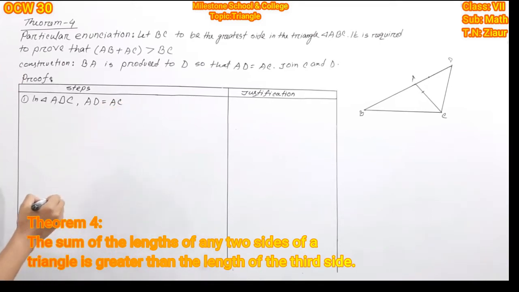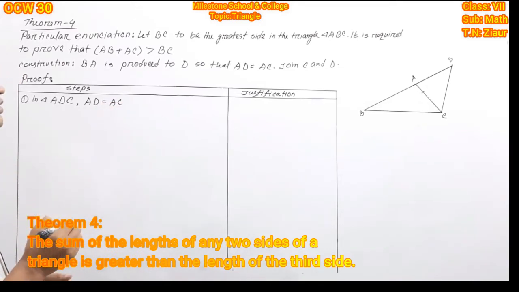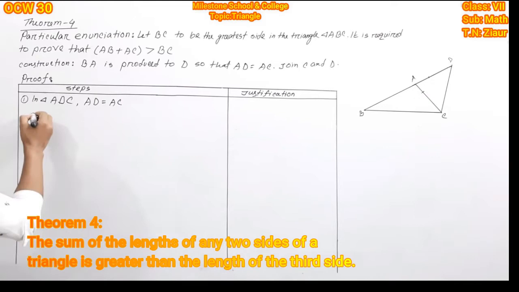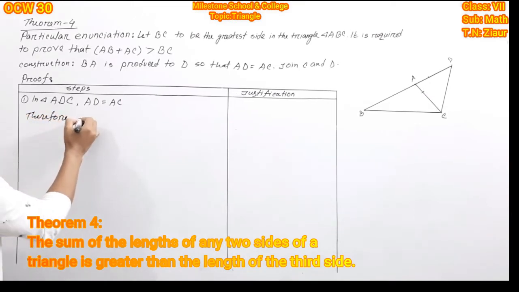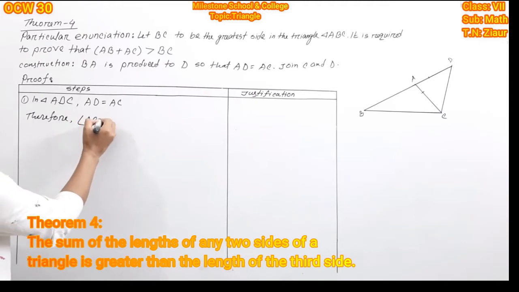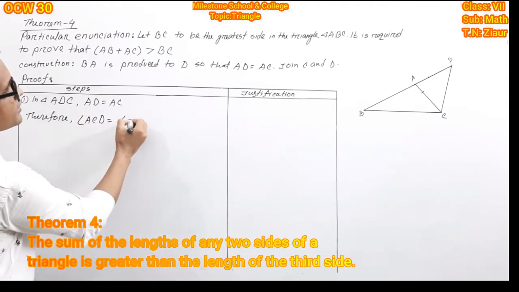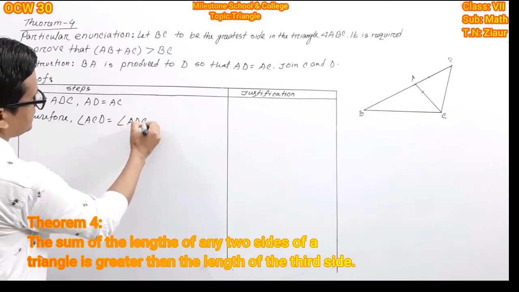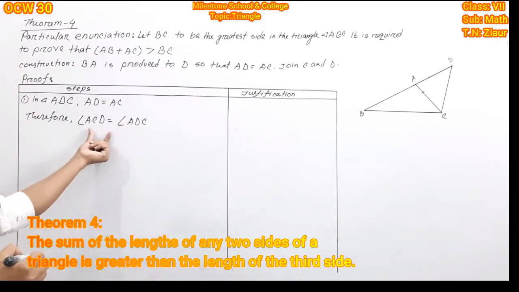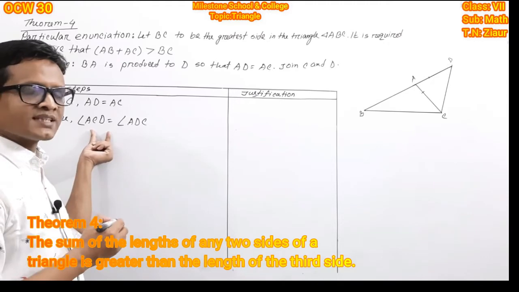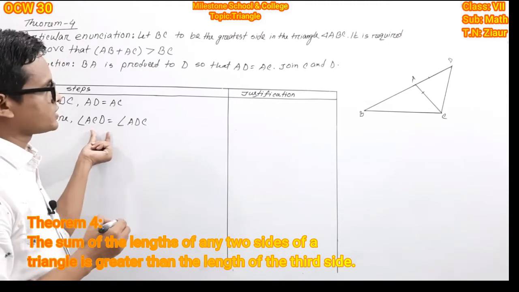AD is equal to AC. So when AD is equal to AC, therefore we can write angle ACD is equal to angle ADC, right? And why are these angles equal? Because base angles are equal in an isosceles triangle.